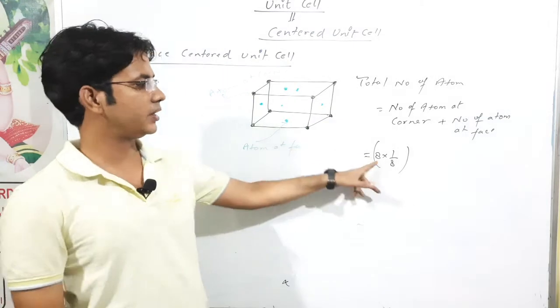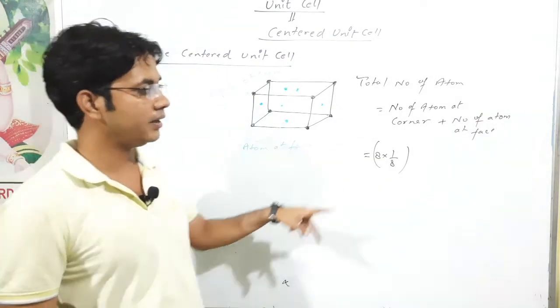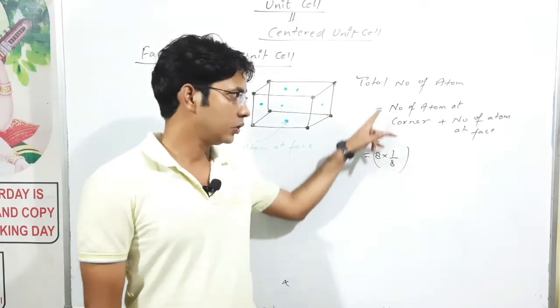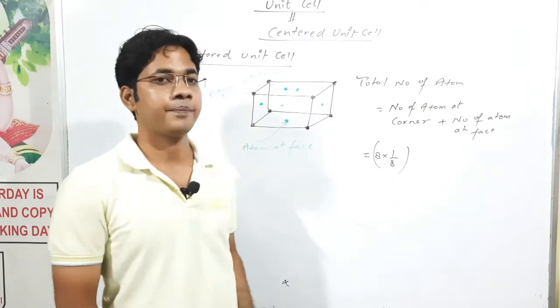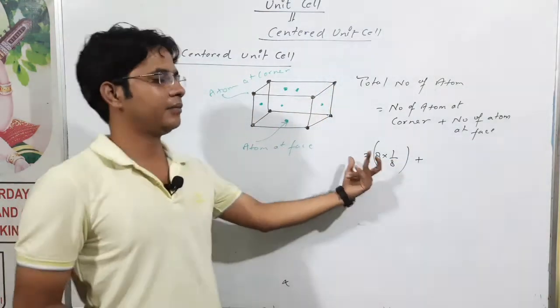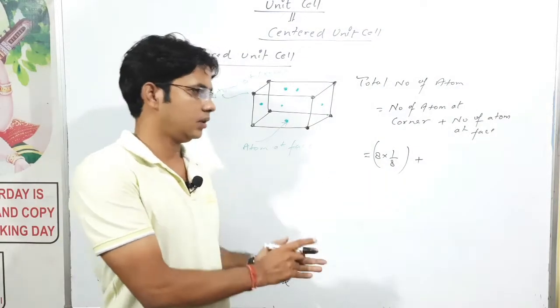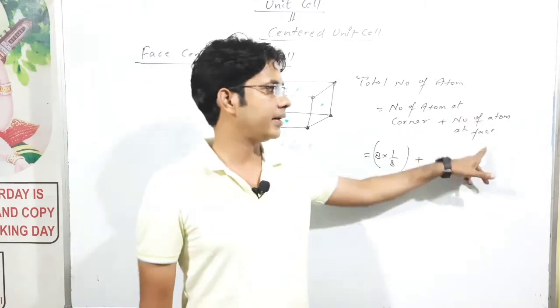There is one atom at each corner, that is 8, and one atom at the corner is shared between 8 unit cells, so it is 1 upon 8. So the total number of atoms at the corner, from the primitive unit cell, is 8 into 1 by 8. I am not telling you this part in detail because you have to look at the primitive unit cell video for this. Now the number of atoms at the face.